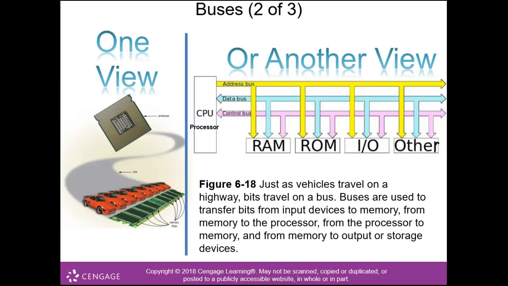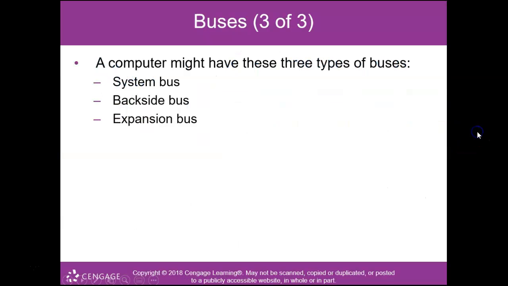So for example, if a bus operates at a frequency of 200 megahertz, it completes 200 million data transfers per second. Incredible. Now here we show 3 types of buses. These are discussed in more detail on page 6-23 of the readings.